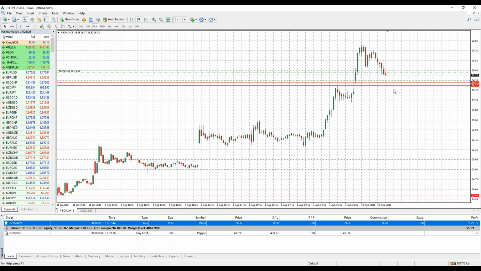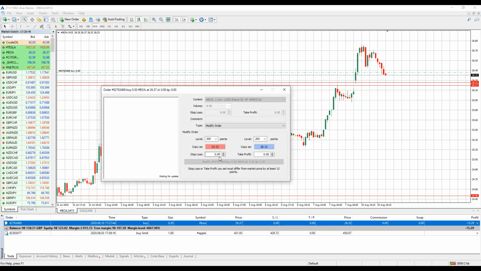So maybe that's a spot, technically speaking, that I'd say, okay, I'll get out of this buy position if it breaks below the open, the price that it opened at today, which was here. So my stop loss could be down here, maybe 26 even. So if I get in here on this market move, I say modify 26 even on my stop loss.